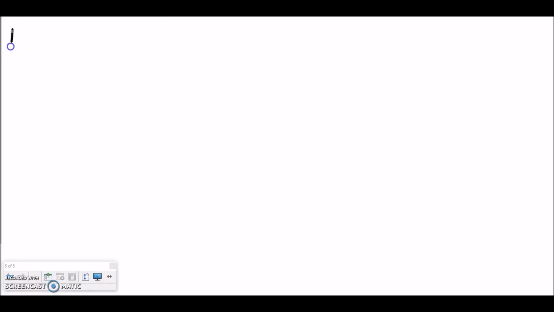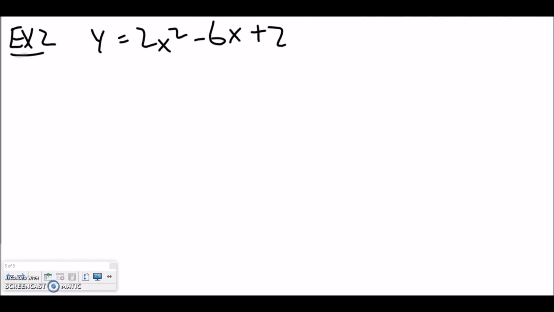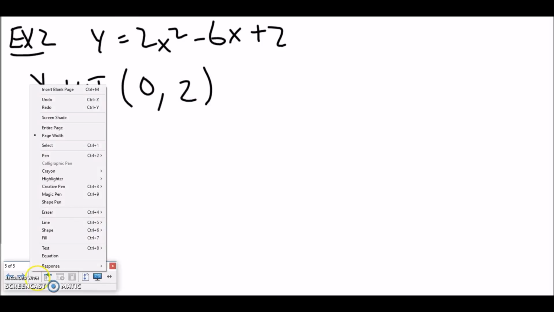What if we say, example 2, that y equals 2x squared minus 6x plus 2? Well, again, let's start with the y-intercept because that's super easy. If I plug a 0 in for x, I'm going to get 2 for y.